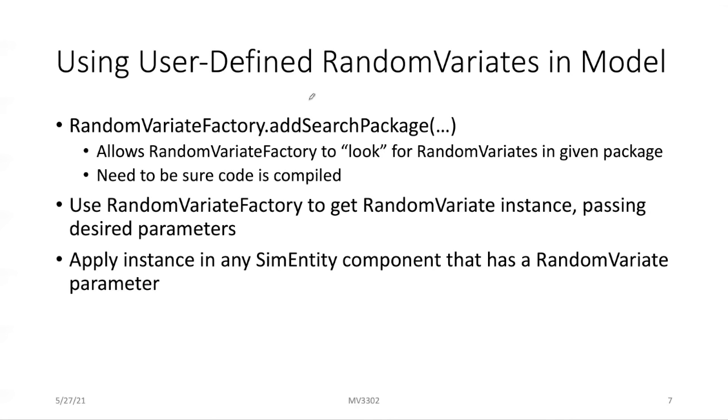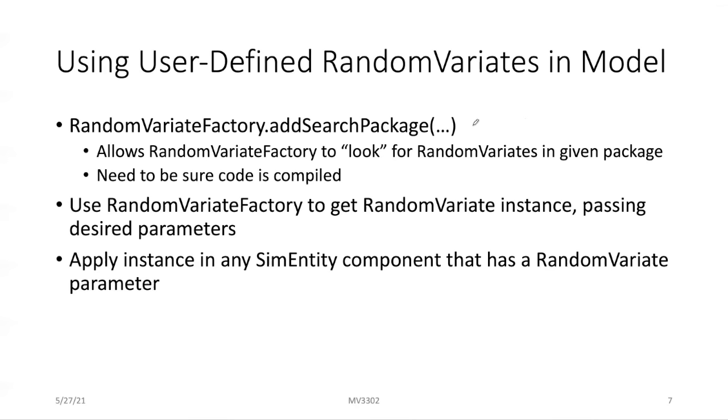So we've seen that if I've defined a user random variate, then I can tell the random variate factory, which is the factory that produces all these, to add the package that it's in as a search package. And that lets the random variate factory look for random variates in the given package.